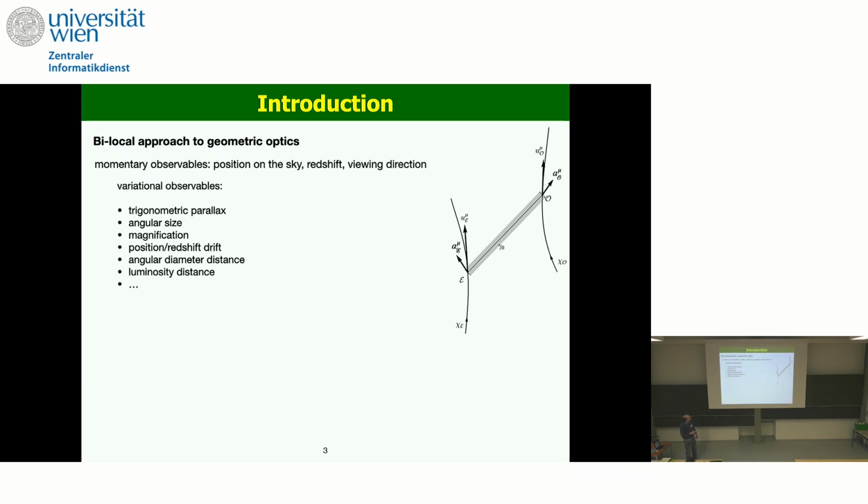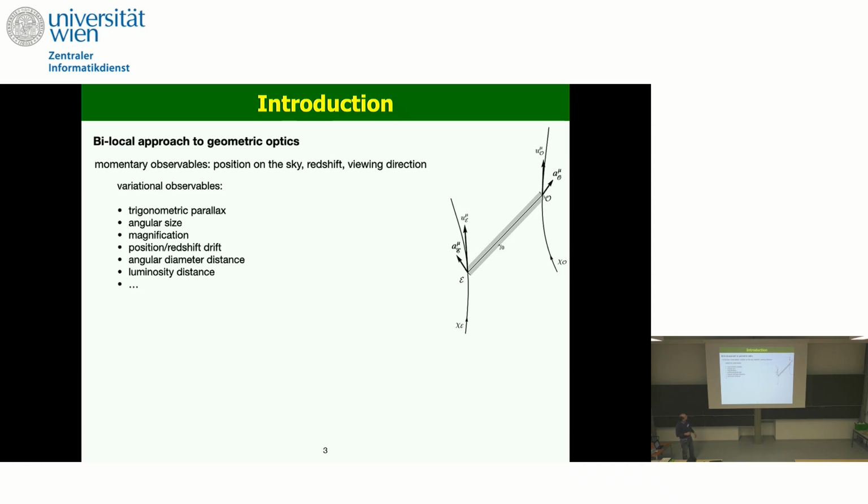You can also define the viewing direction, or the direction from which this thing is observed. If the emission is anisotropic, what the observer sees depends very much on this viewing direction, which is a vector in the emitter's point of emission, orthogonal to the four-velocity of the emitter.